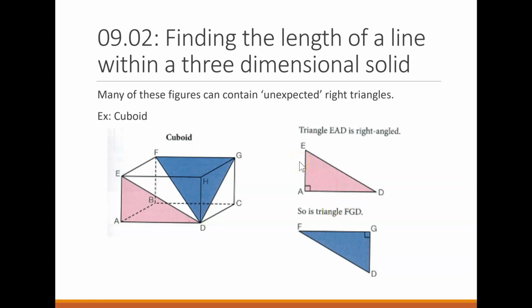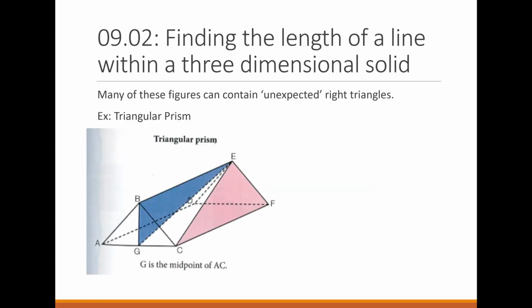Let's look at some other examples of unexpected right triangles. Okay. So let's say we have a triangular prism. Again, the pink triangle, pretty obvious that that's a right triangle, where angle F is the right angle. The blue triangle doesn't really look like a right triangle though, because of the perspective we had to draw this with, but it is.